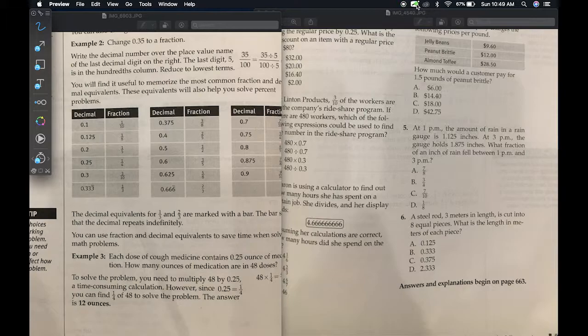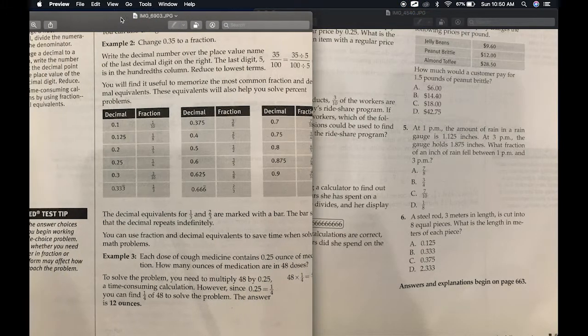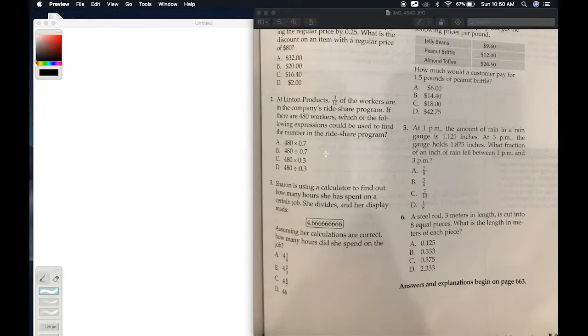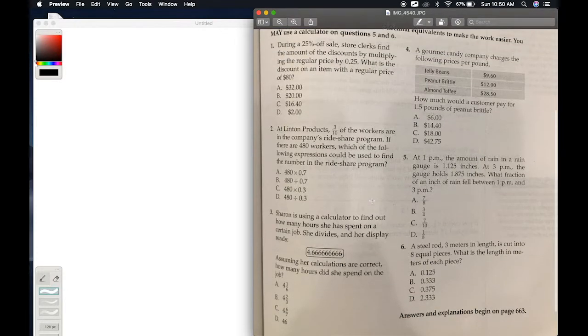So just by looking at this, we know that since she divides her display reads 4.6 repeating, in fractions, since we know the 6's are 2/3, that would be equivalent to 4 and 2/3. That's why that table is important to memorize. So that is letter B, that's your answer.